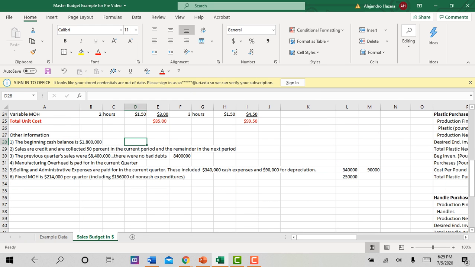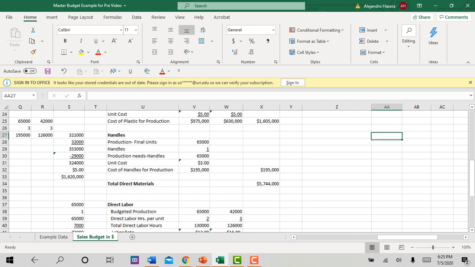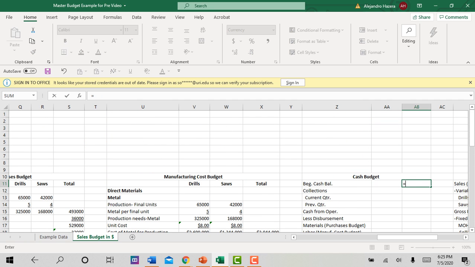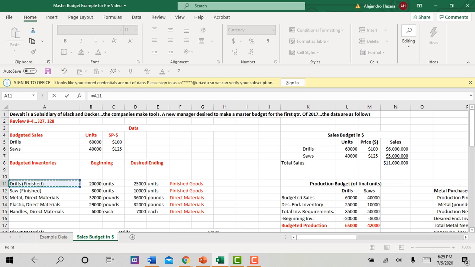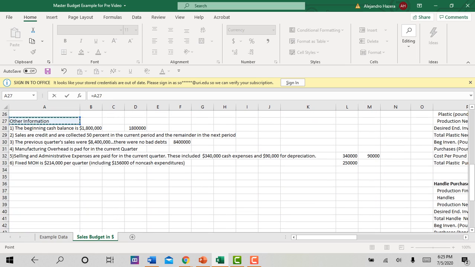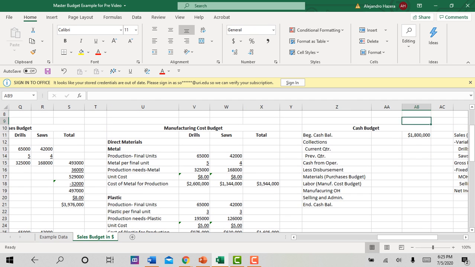That's just text right there, so we put the number in to tie a number into it. On the cash budget, $1,800,000 is your beginning cash balance. I just like to put numbers there rather than just having text.